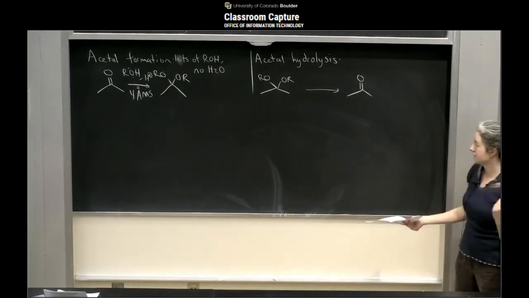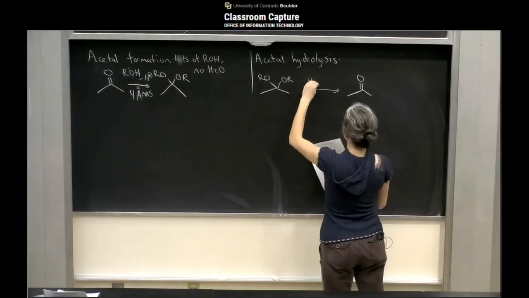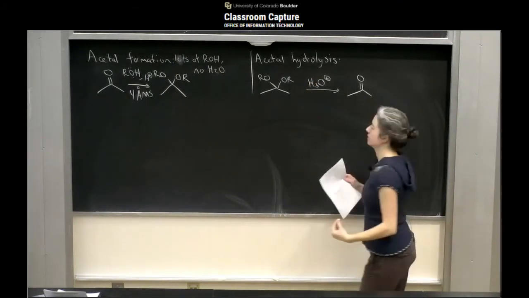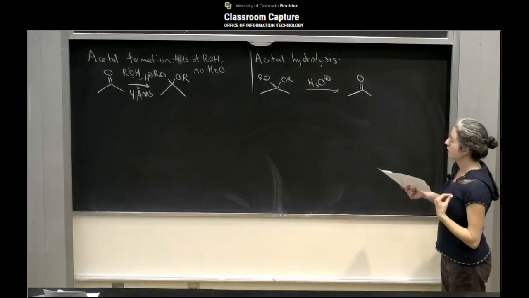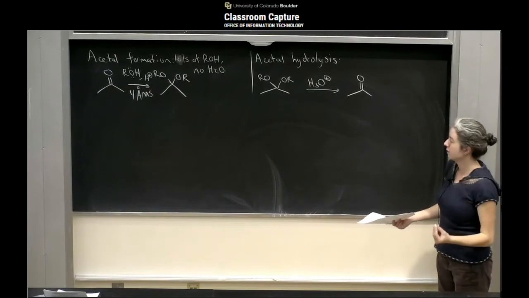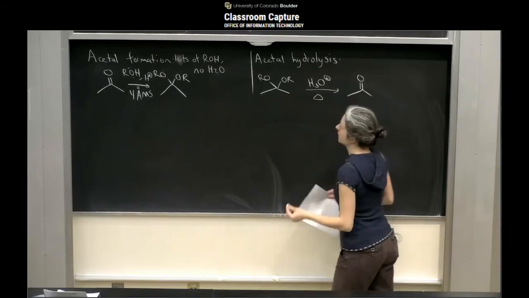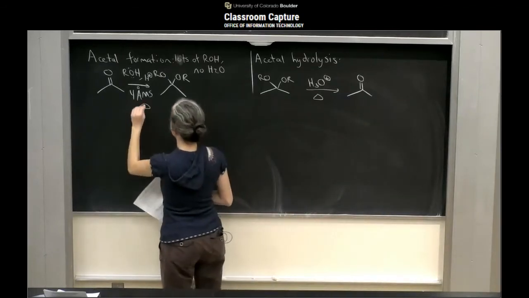Here you want the opposite circumstances, as much water as possible. And again, acid catalyst, so we can just combine those, H3O+. For both of these, sometimes people write it explicitly, sometimes they don't, but a little bit of heat helps the reaction go. You can write heat on the arrow if you want.